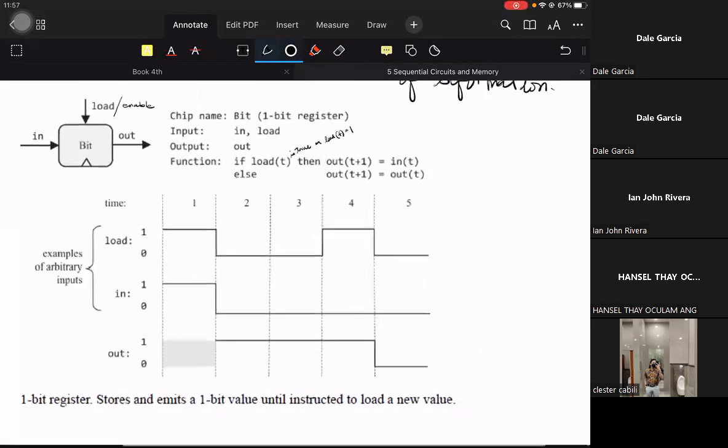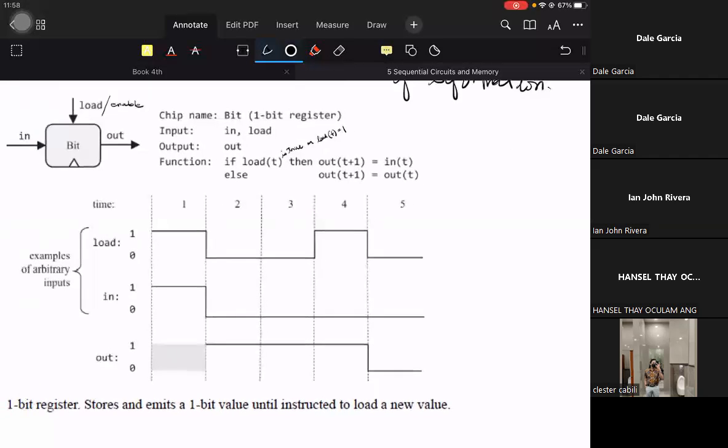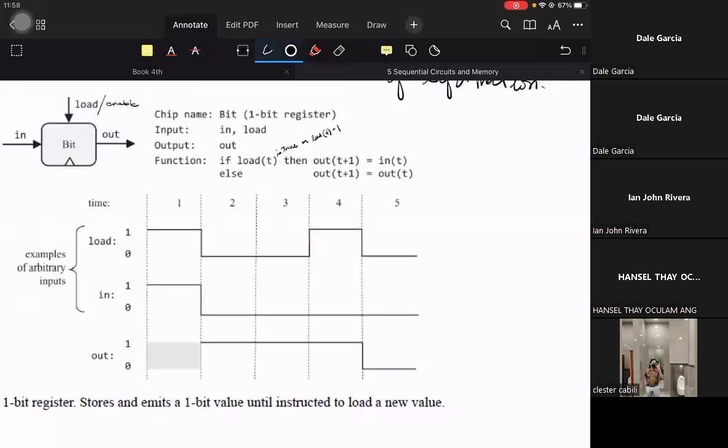So what's happening here? We have two inputs, the actual information and the load pin. The 1-bit register stores and retains a 1-bit value until instructed to load a new value.